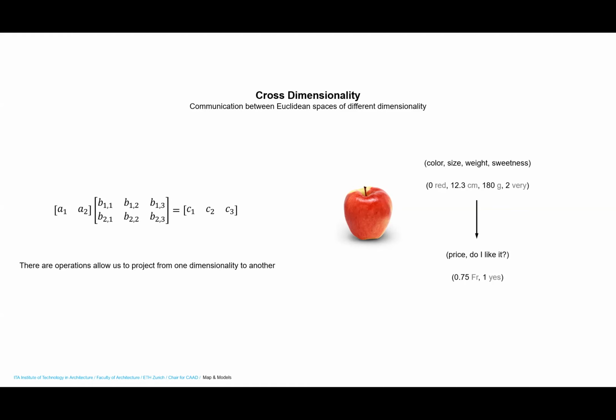The idea is not to focus on these operations, but to have a feeling that we are able to jump between certain dimensionalities. For example, on the right, a very simple case: we have an apple described with certain properties, and with some operations we should be able to predict, for example, the price of this apple, and how much I like it. In this case, we are jumping from a 4-dimensional case to a 2-dimensional space.